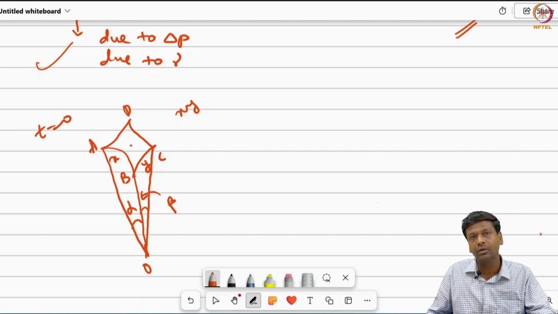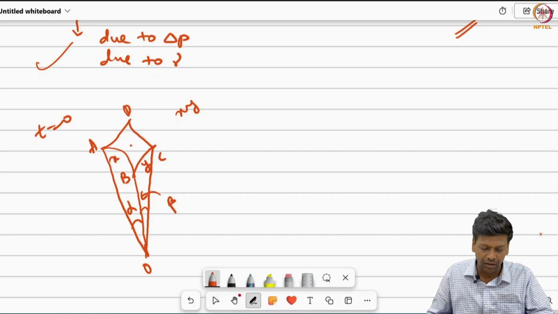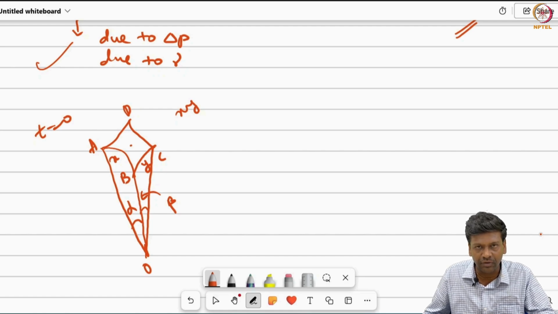Now let's say that after some time we impose a small perturbance. Consider that there is a pressure force as well as a surface tension force acting on this surface, which will make the surface deviate from the existing one. So there will be a change in area, and there will be a displacement, basically a deformation or displacement will occur.